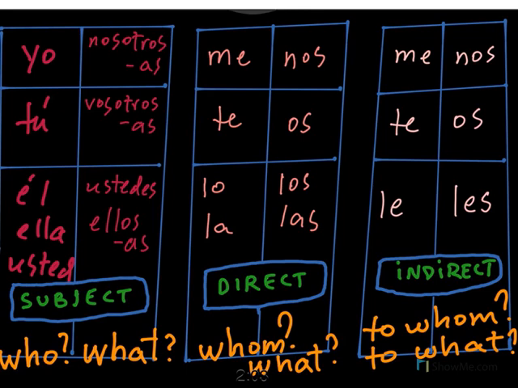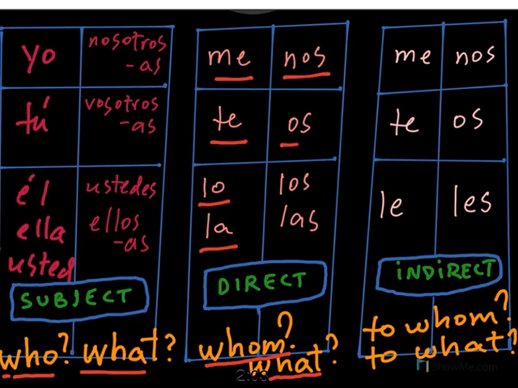Let's take a look here, all three together. You have here the subject pronouns answering the question who or what. And you already memorized them. So now it's time to memorize the other ones. Whom and what will be for the direct object. These are the direct object pronouns. And it would mean me, you, him, her, also it, since in Spanish everything is masculine or feminine.